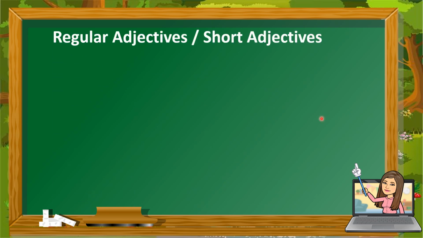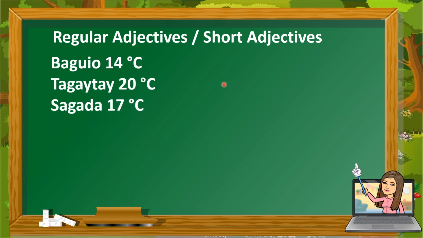Okay, so let us try this exercise. Okay, children, let us go back to regular and short adjectives, adding of ER in comparative and EST at the superlative degree. Okay, let us try this exercise. So Baguio is 14 degrees Celsius, Tagaytay is 20 degrees Celsius, and Sagada is 17 degrees Celsius.